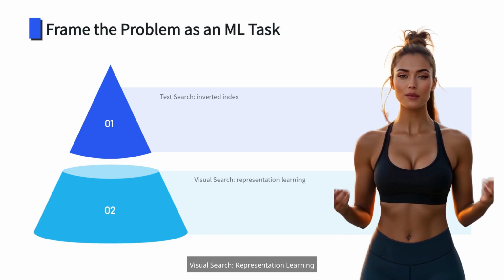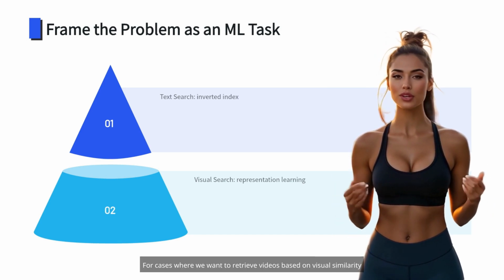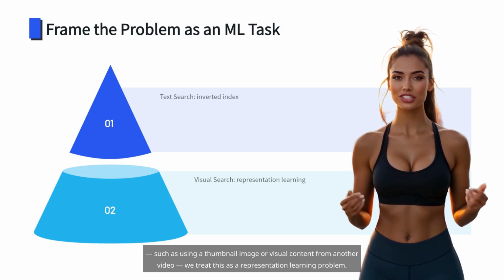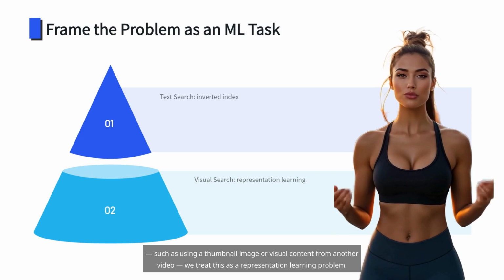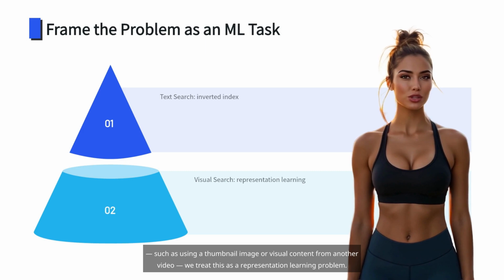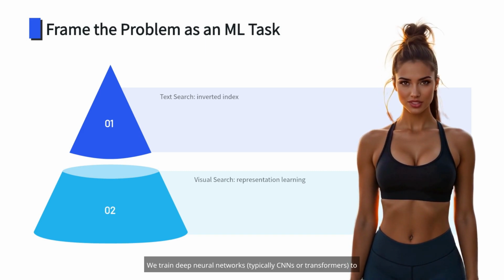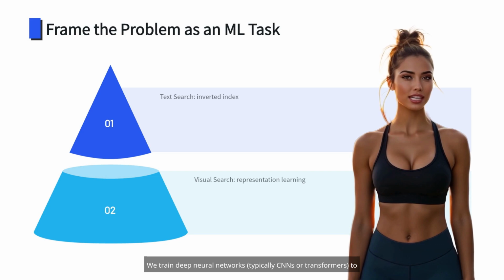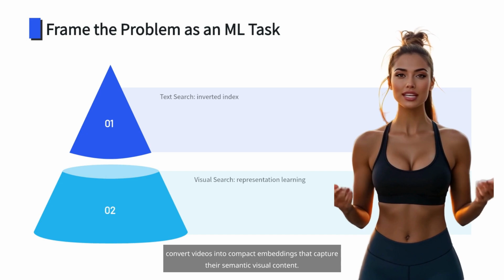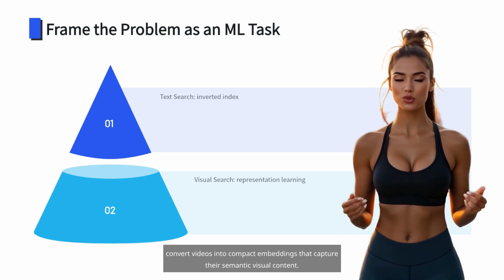Visual search. Representation learning. For cases where we want to retrieve videos based on visual similarity, such as using a thumbnail image or visual content from another video, we treat this as a representation learning problem. We train deep neural networks, typically CNNs or transformers, to convert videos into compact embeddings that capture their semantic visual content.